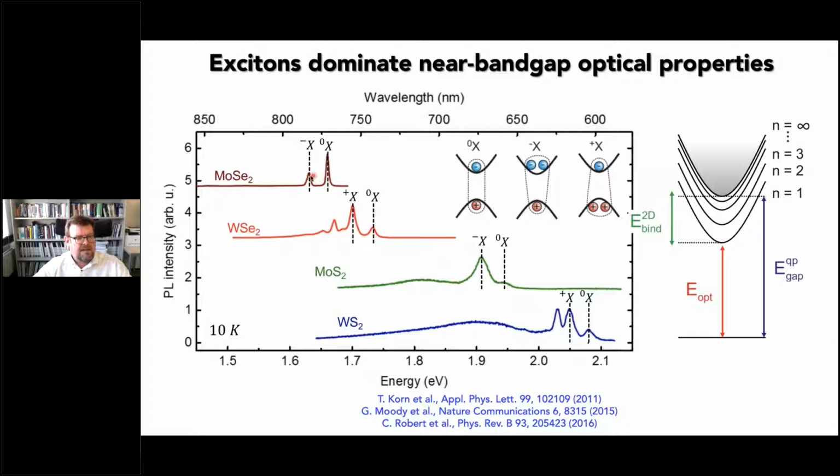It's of the order of about 20, 30, 40 milli-electron volts. So it's an order of magnitude bigger than typical values you find in other semiconductors. If you like, it's excitonic physics like you have in other types of semiconductors, but taken to the extreme because of the very strong exciton binding energy.